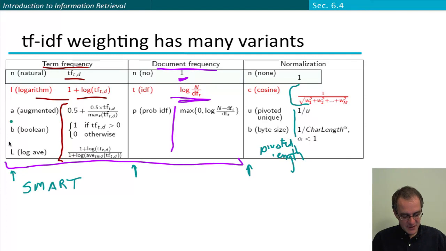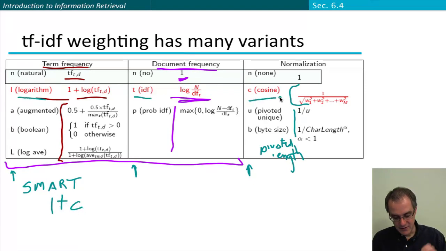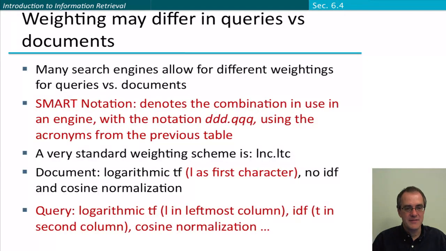And so these choices could be given names by giving letters from these. So if you are using the system that we've mainly been talking about, they'll be coming out as LTC for logarithm, logarithmic IDF, and cosine weighting. And so this kind of weighting, it then turns out, can be used both for queries and documents differently. And so let's go through a little bit how that all comes out.